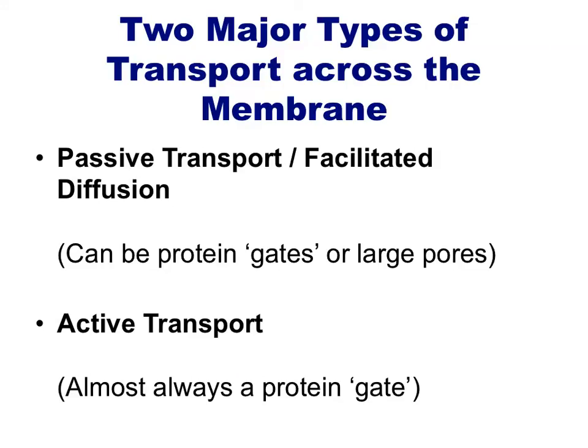The first follows the normal flow of diffusion along a concentration gradient, or, to put it another way, to diffuse from an area of high concentration to an area of low concentration. This is known either as passive transport or facilitated diffusion. The other type of movement across the membrane moves molecules against a concentration gradient. This is known as active transport. Let's take these one by one.